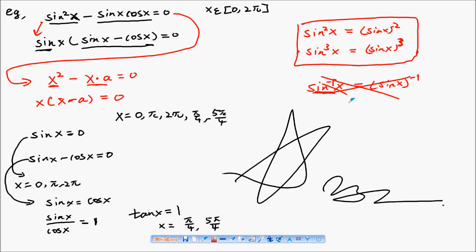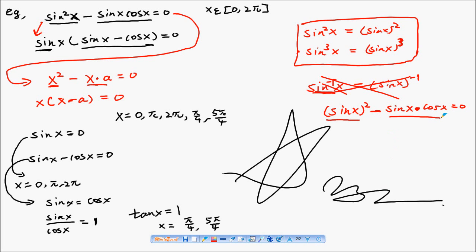Let me rewrite it again here. If I rewrite it in this form, it's easier to see. Okay, this is a minus sign, by the way, and here is a times sign.